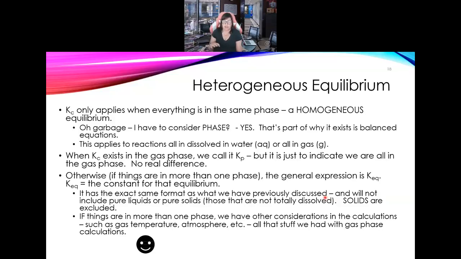There are other things that we have to consider if we're in multiple phases. So things like temperature, atmosphere, all that stuff for gases, some of those things affect what we see in aqueous solution, all of that stuff. So there's more to pay attention to if I'm looking at a Keq than if we're talking about a Kc. That's the reason that we have differences in what we call it.